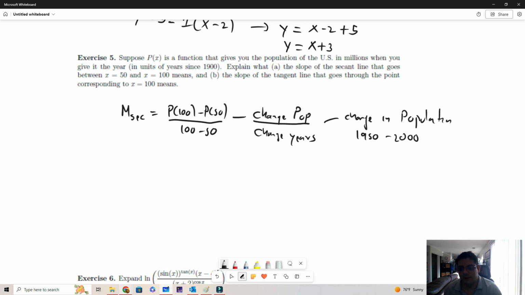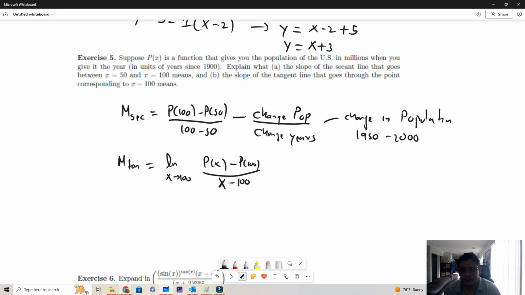Now the slope of the tangent line is different. The tangent line here is when we're approaching x equals 100. So this is the limit as x goes to 100 of p of x minus p of 100 over x minus 100.